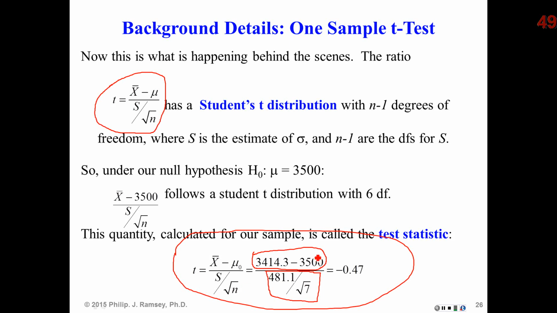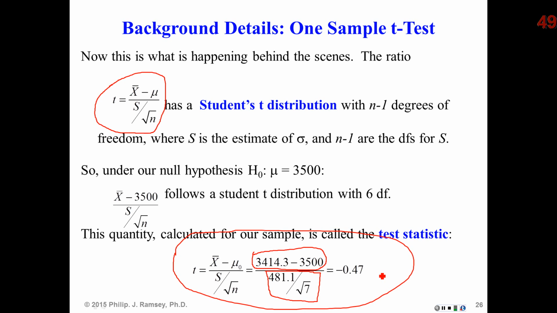The numerator is a signal indicating whether or not there's a difference between the sample average and the theoretical mean that's been hypothesized, and the denominator is a measure of the noise in my sample average. Well, notice that the difference between 3,414.3 and 3,500 is basically less than one standard error, or one standard deviation.